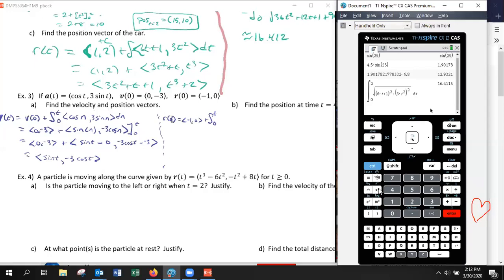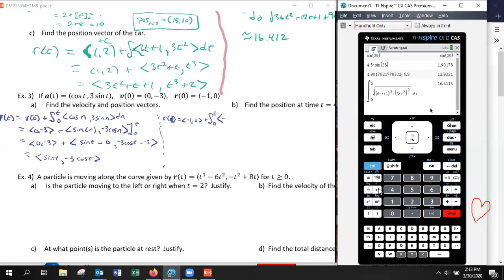R of t. Actually, let's use a as a dummy variable. No particular reason. So the integral of sine is negative cosine of a, and then the integral of -3, actually, I shouldn't integrate just yet.